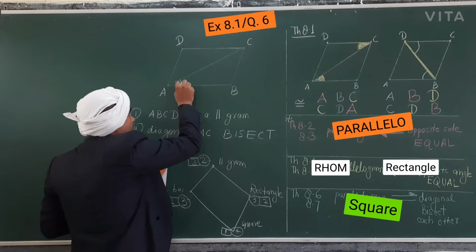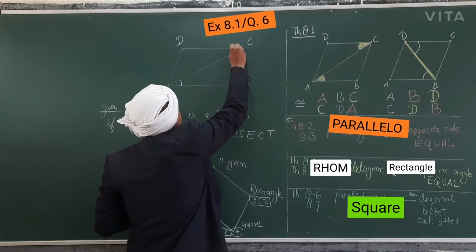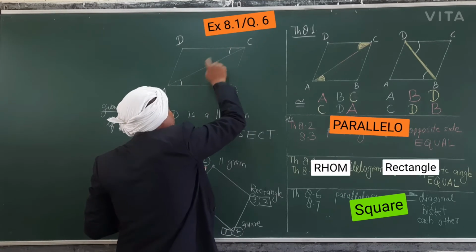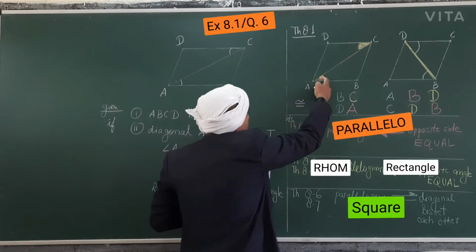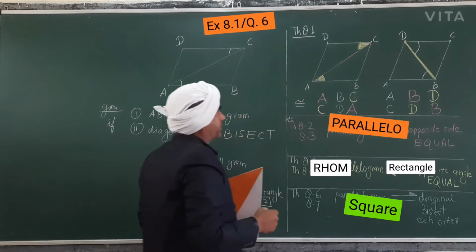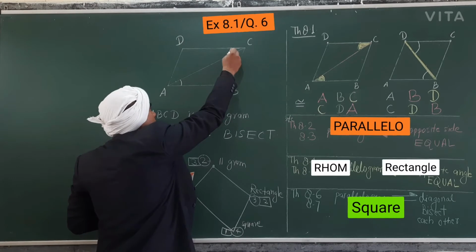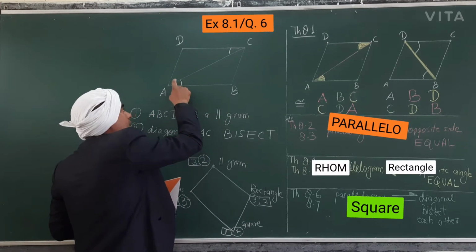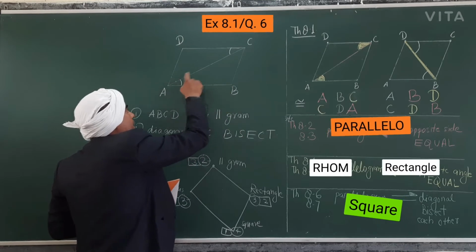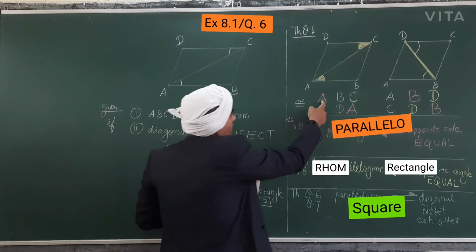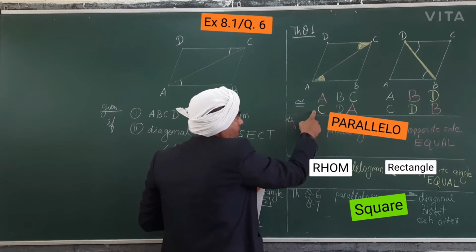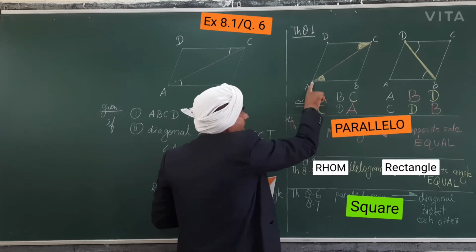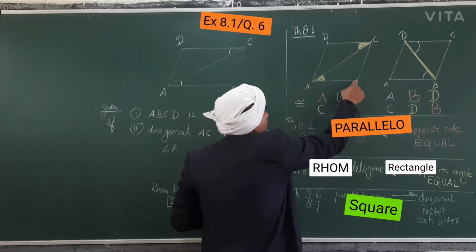Which one is equal? Angle A is equal to this one, and in this figure angle A is equal to angle C. This equal to this, it holds. If it is given a parallelogram, so angle BAC, here angle A will be equal to angle A in ABC.